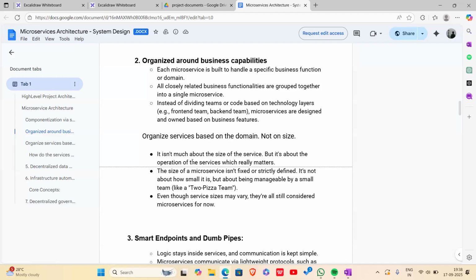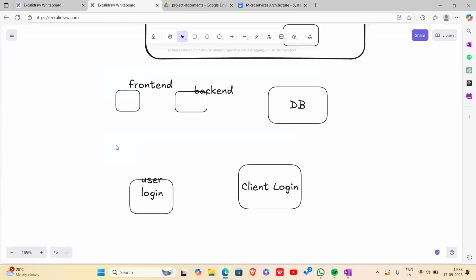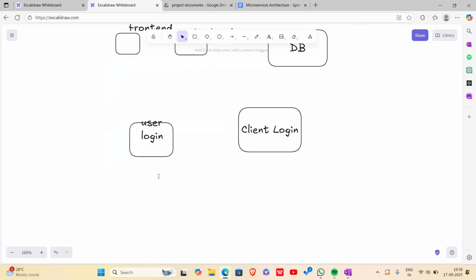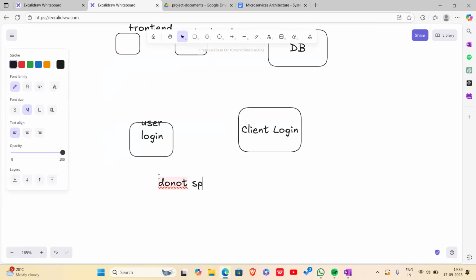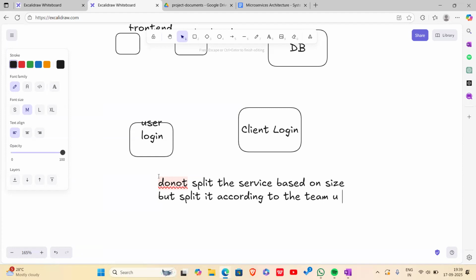In this second attribute, they are saying do not split the microservice based on the size of the service, but split it according to what your team can manage.